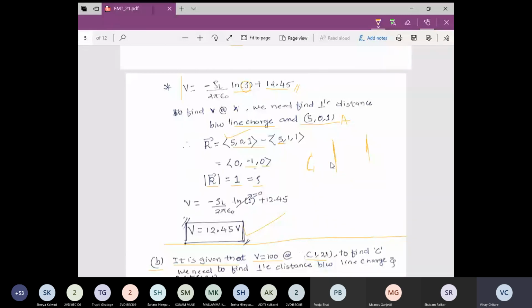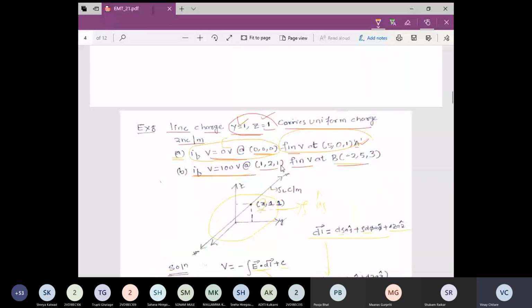In the B part of the question we have two points: one is 1, 2, 1, and the other is minus 2, 5, 3. So is it the perpendicular distance between the line charge and 1, 2, 1, or between the line charge and the B point?